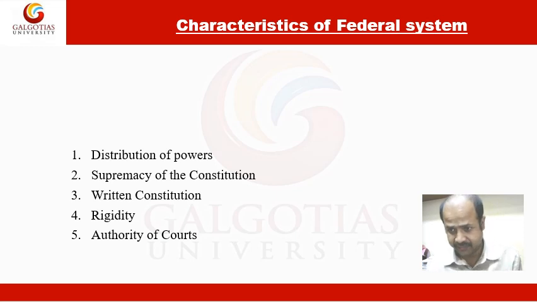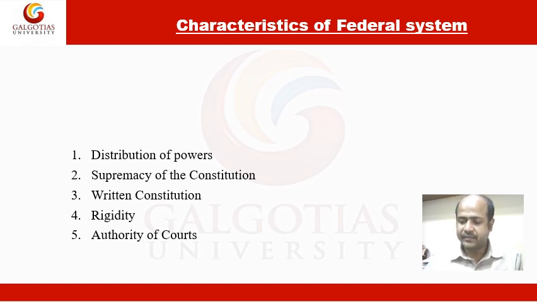The fifth feature is the authority of courts. If there is any dispute, any ambiguity, or any question of interpretation of a provision of the constitution, then the court is the authority. The court has the authority to interpret the provisions of the constitution.